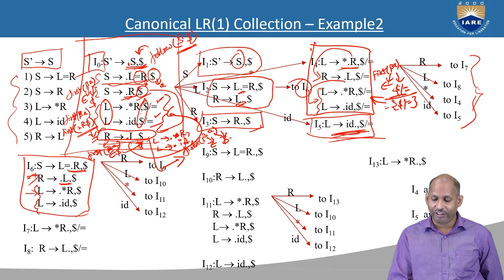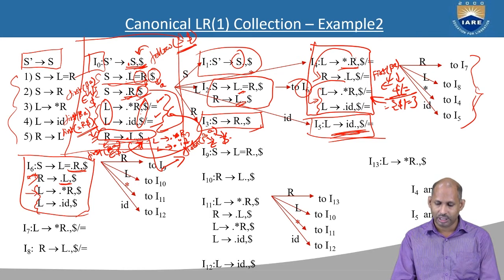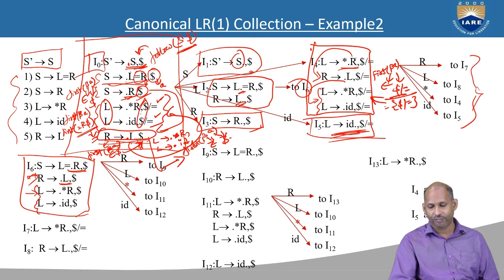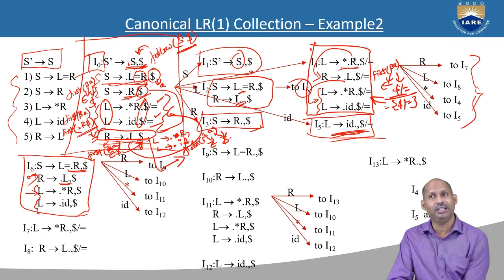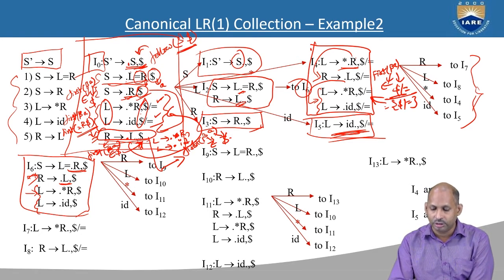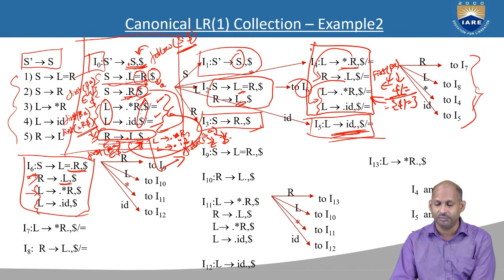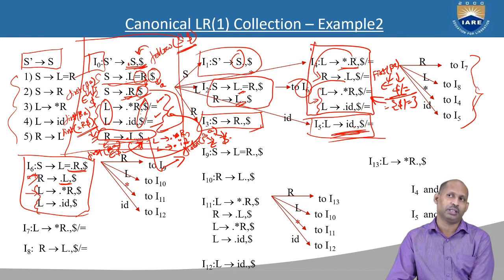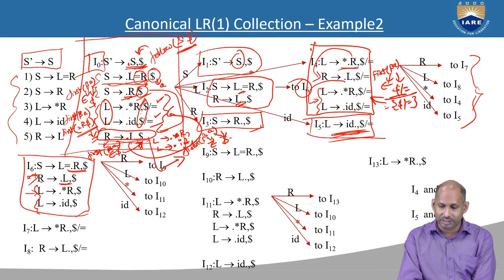Then what is I5? Dot at the end. So we say that there are no go-to operations. So I6 is over.